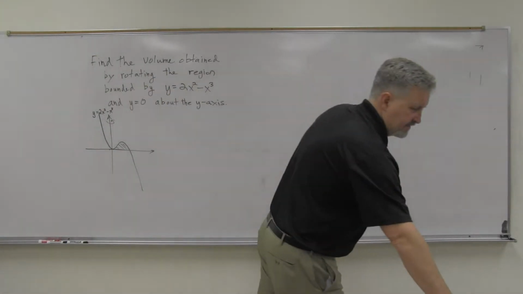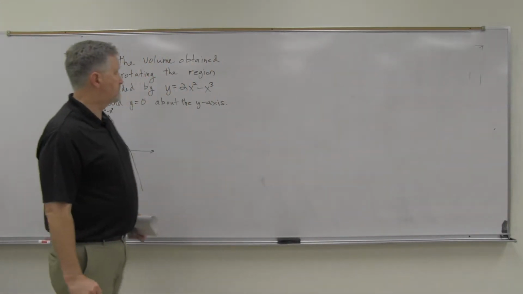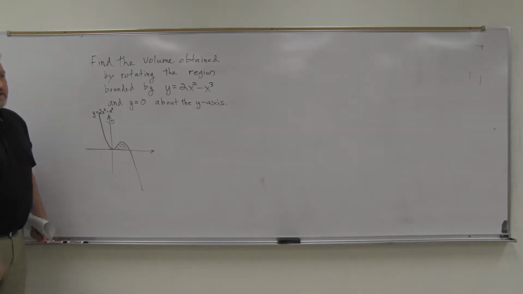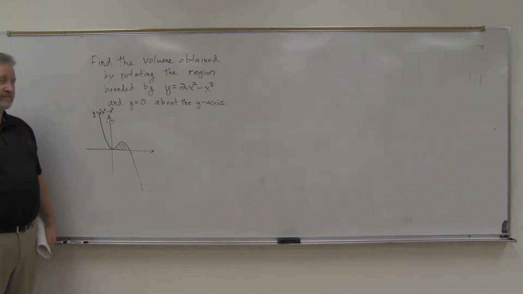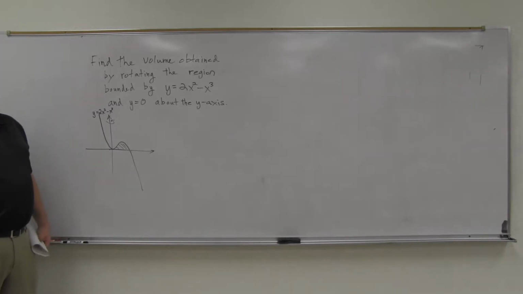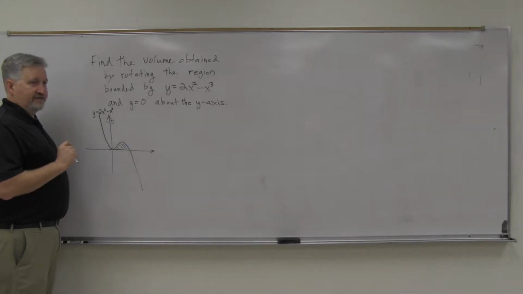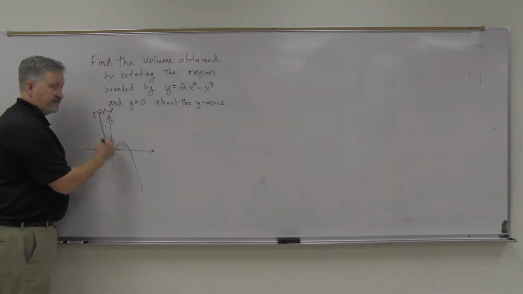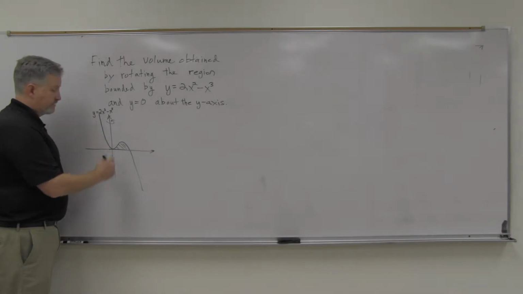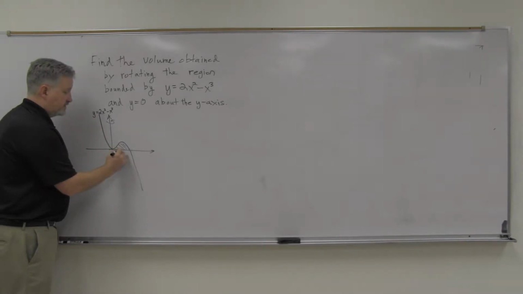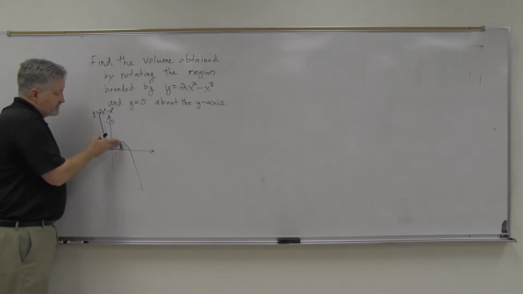Okay, think about that. Didn't tell us which method to use here, but we know a little bit about a couple of methods, disk method and shell method. Let's figure out which way we'd want to go. My contention is this is going to be a whole lot easier if I draw a typical rectangle like that, because there I'm just going from the x-axis up to the curve.